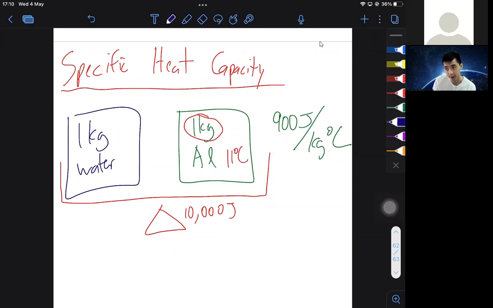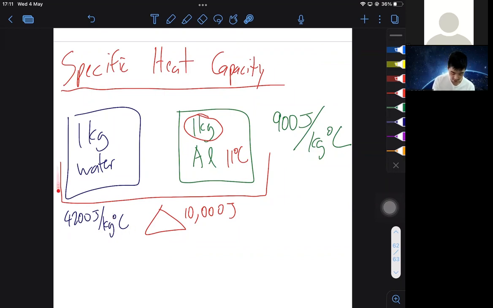Now, water, on the other hand, has a much higher specific heat capacity. Water has a specific heat capacity of somewhere around 4,200 joules per kg degree Celsius. Now, looking at the units itself, it is yet again supposed to tell me a story that for every 4,200 joules supplied to 1 kg of water, I can only raise it by 1 degree Celsius here.